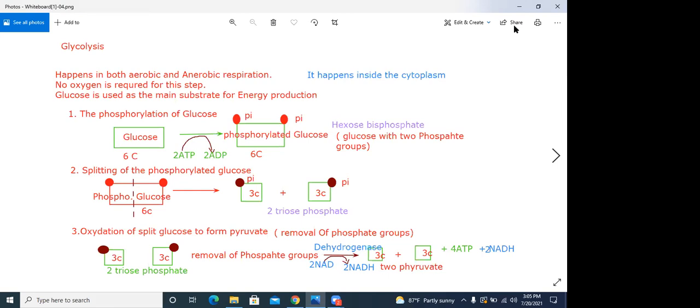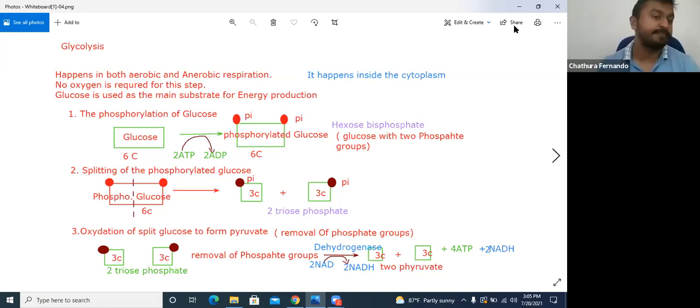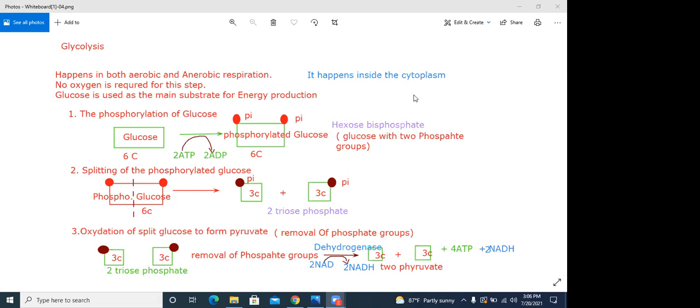Michelle, can you explain to us about glycolysis in brief? What we learned last week. Glycolysis is the splitting of glucose into two pyruvates, and ATP is needed for the first steps. First, the phosphorylation of glucose takes place. Glucose is a 6-carbon compound.